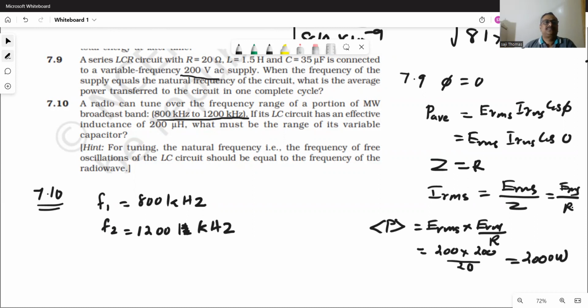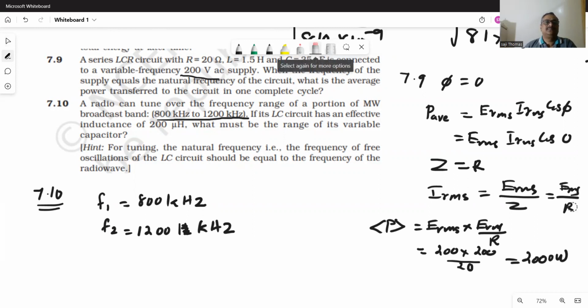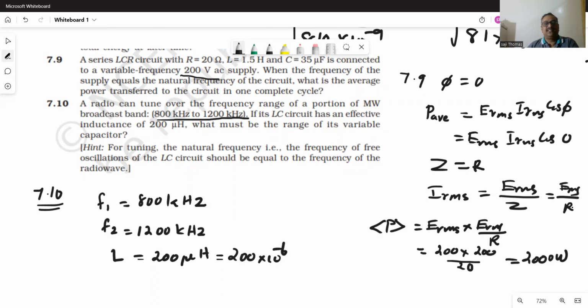The LC circuit has an effective inductance. Inductance is given as 200 microhenry. Convert into Henry, 200 into 10 raised to minus 6. What you have to find out is the range of its variable capacitor. You have to find out the capacitor range.